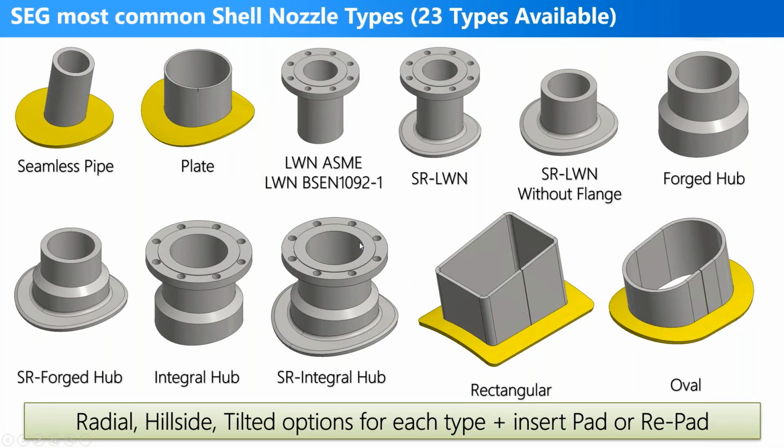Those are the common types of nozzles, like nozzle from pipe, nozzle from plate, long weld neck nozzle according to ASME or PD, long weld neck with self-reinforcement, long weld neck without flange, forged hub, self-reinforced forged hub, integral hub, self-reinforced integral hub, rectangular opening, oval opening. All of those nozzles include the radial, hillside, tilted options, and you have the ability to add an insert pad or rebar pad. So many different options on nozzles.